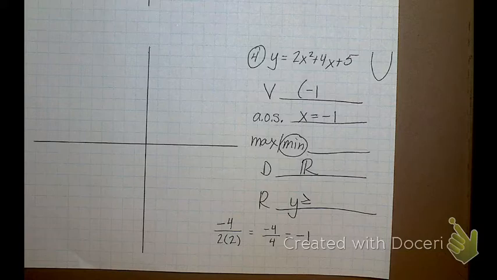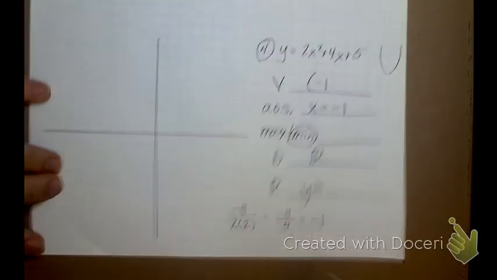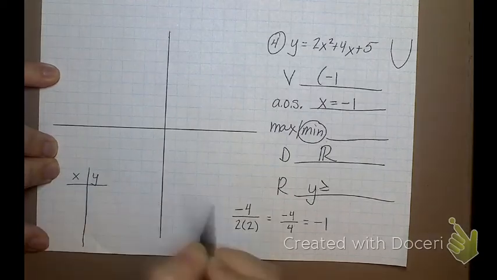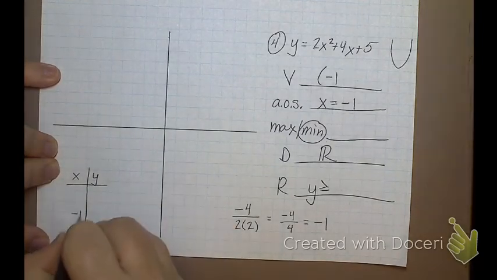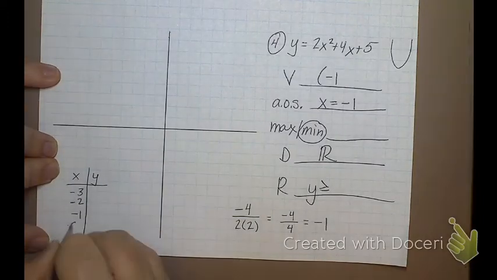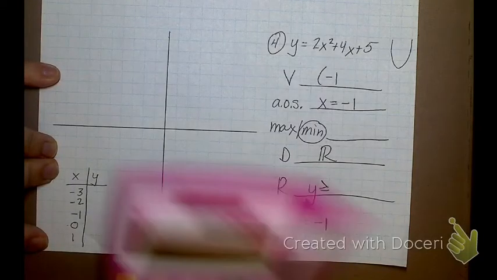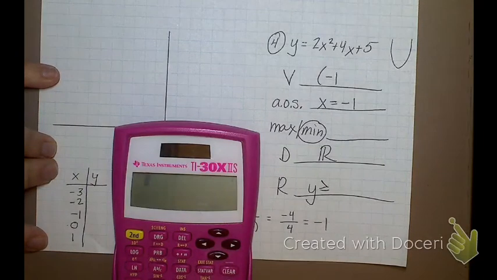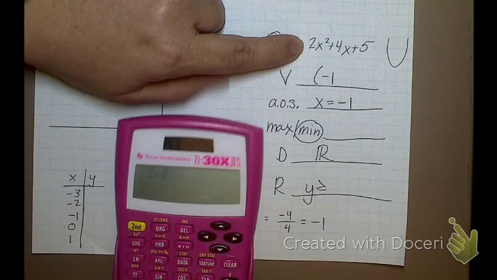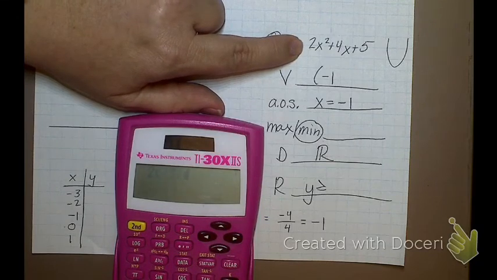Okay? So, I'm going to do my xy chart over here. What goes in the middle of my xy chart? Negative 1. Fill in some values around, 5 values preferably. And then I find the y values by plugging them in. Plug it in, plug it in. I always want to sing a song whenever I think about that.